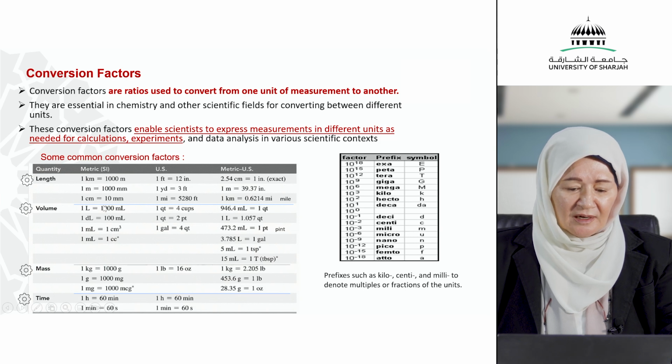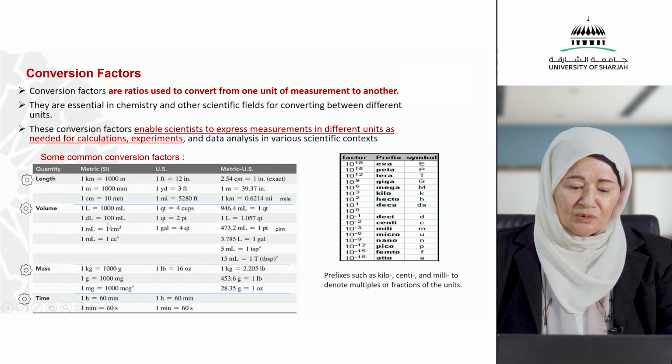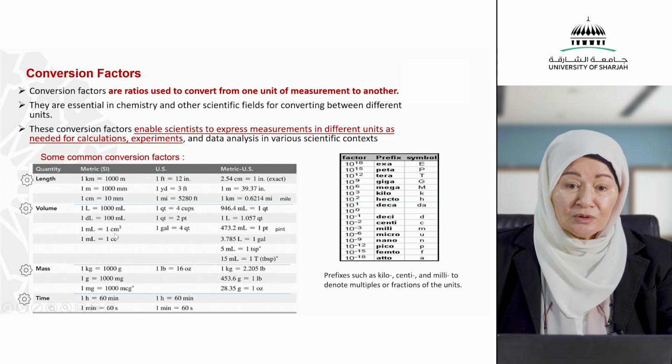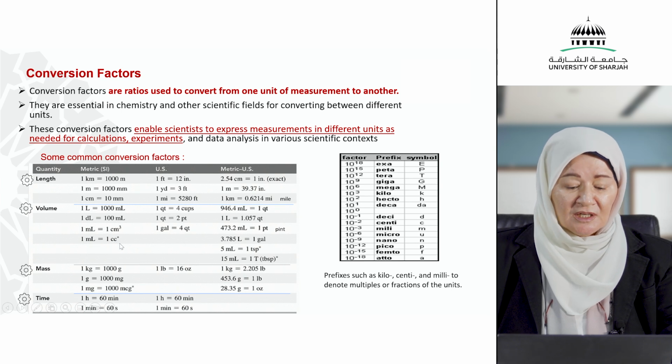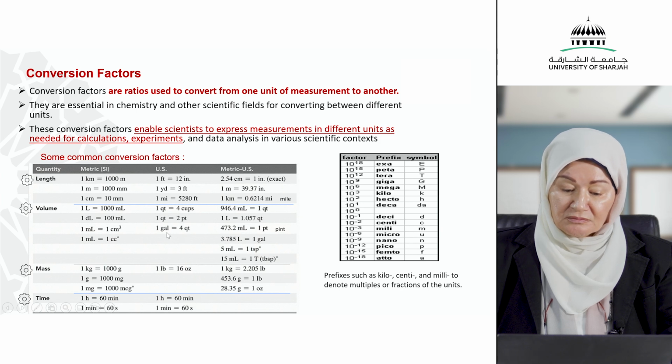For the metric SI system, they use liters, milliliters, deciliters, and cubic centimeters. So 1 milliliter is equal to 1 cc. What does 1 cc mean? It means cubic centimeter, or 1 centimeter cubed. Whereas in the US system they use the quart, the cup, the pint, the gallon.